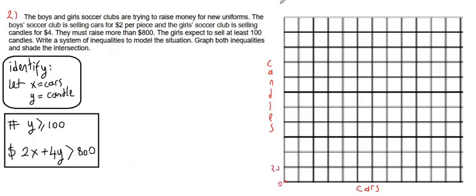So 0, 20, 40, 60, 80, 100, 120, 140, 160, 180, 200, 220. Let the x-axis go 20 by 20 as well. They don't have to have the same scaling, but we can use the same scaling here: 120, 140, 160, 180, 200, 220, 240.